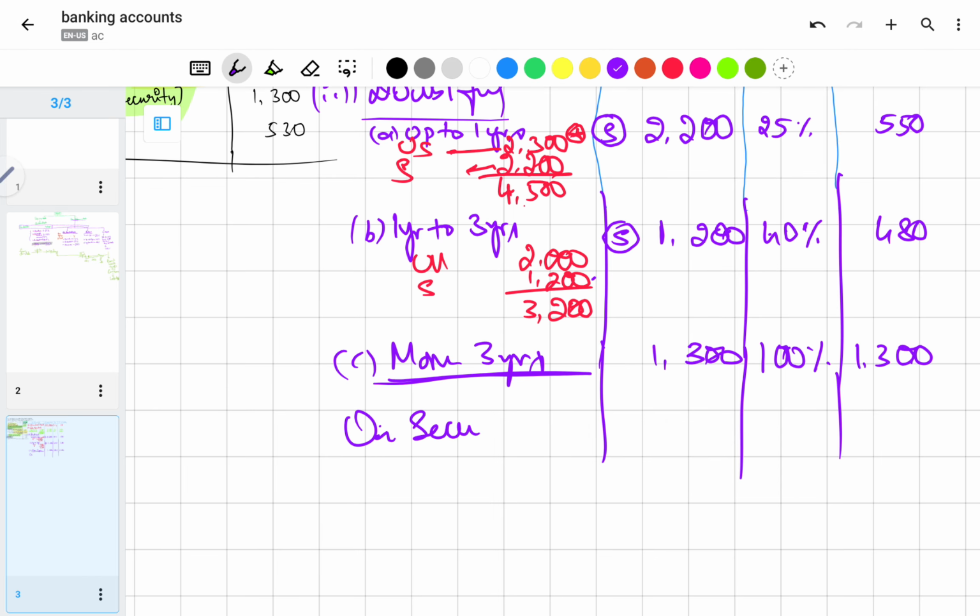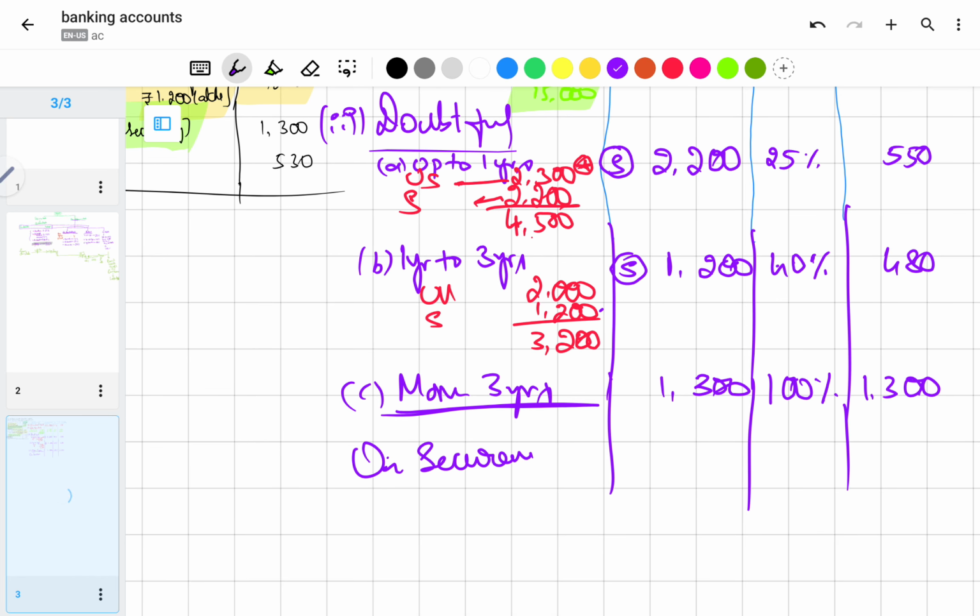Unsecured may be in the case of up to 1 year or more than 1 year to 3 years. Here, for up to 1 year, it is 2,300. From more than 1 year to up to 3 years, it is 2,000. Add this, it will reach 4,300.